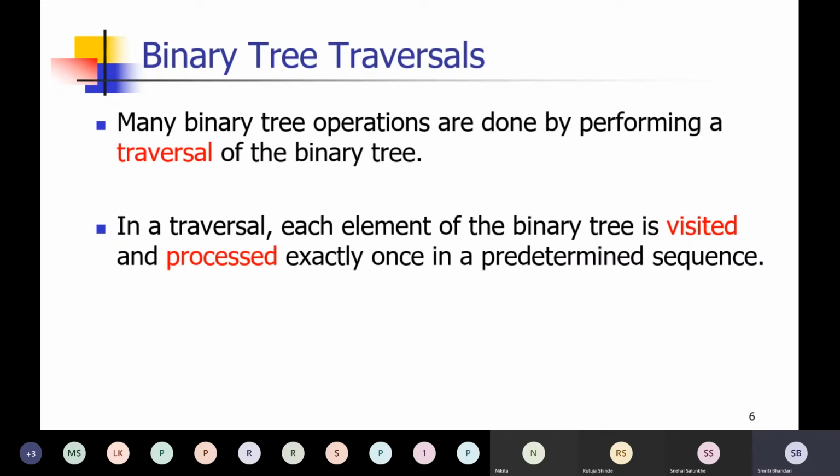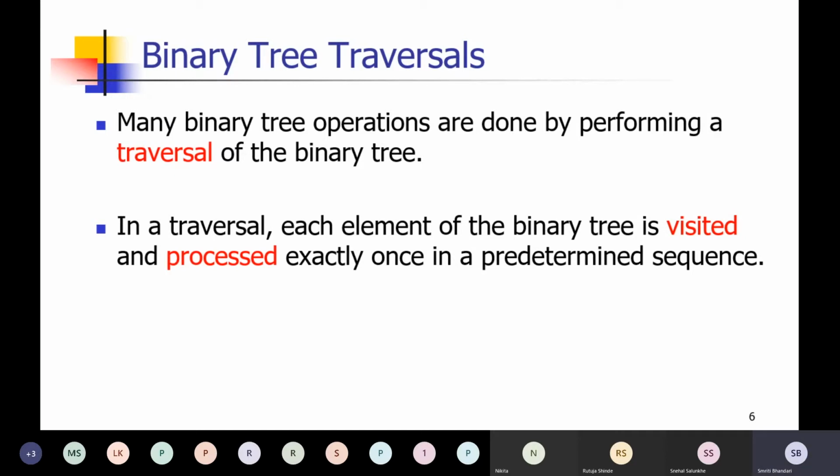Now, as far as binary tree traversal algorithms are considered, let us understand first what we mean by a traversal. Many times whenever we need to perform several operations on a binary tree, we need to traverse the tree. In traversal of a tree, each element of a binary tree is visited and processed exactly once in some predetermined sequence.